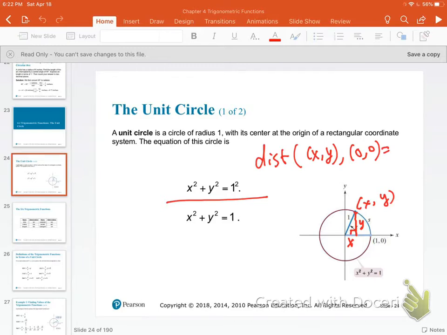So there are two ways to get this relation between the point x, y and the radius 1, because this is the unit circle. Simplifying, you get x squared plus y squared is 1. This is true for any point x, y on the unit circle.